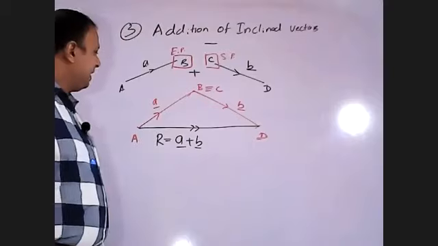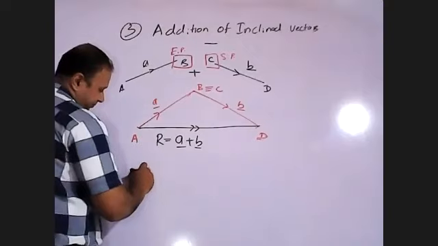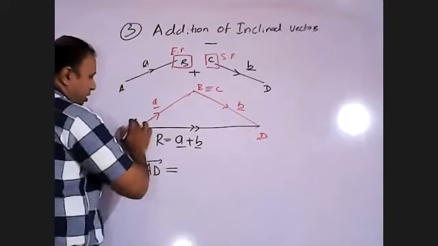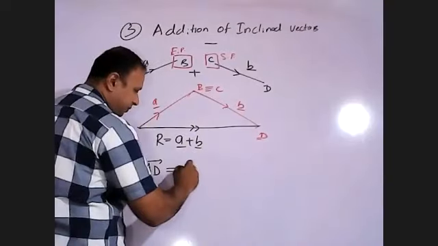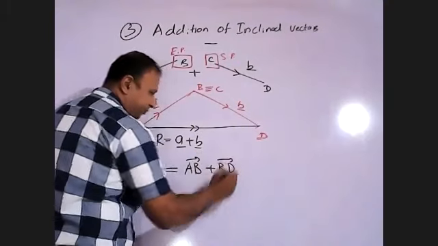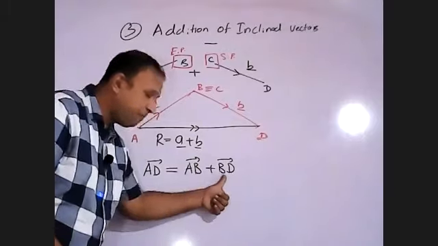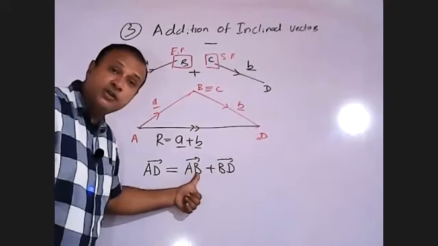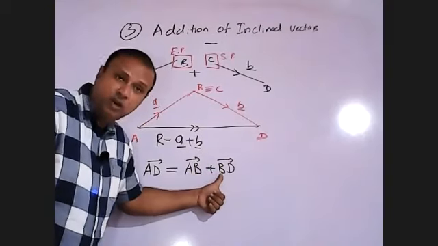So I can write the AD vector is equal to AB plus BD. Look at this relationship. The endpoint of the first vector is equal to the starting point of the second vector.